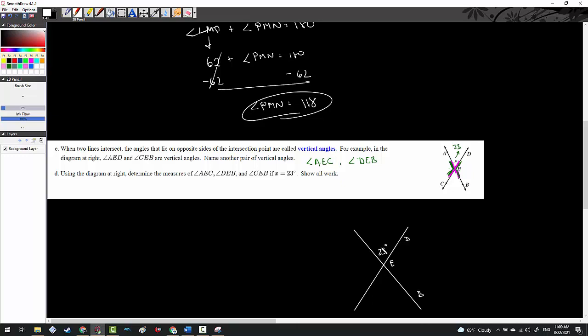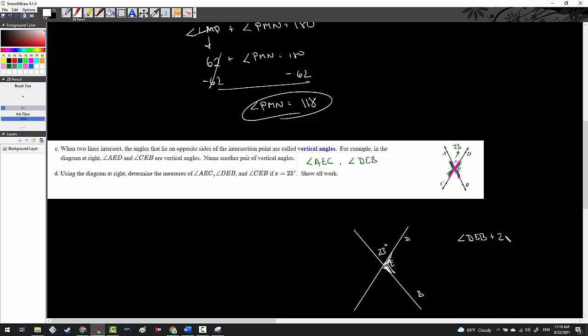So I'm looking at 23 degrees. I'm looking at the E angle down here, which is in reference to this piece here. If I wanted to solve for angle DEB, well, what's the relationship? We covered it a few seconds ago. This E right here, this angle, and this 23 are a linear pair.